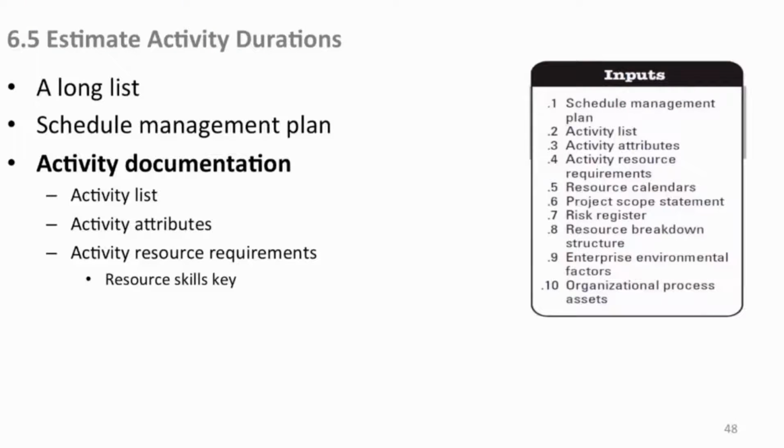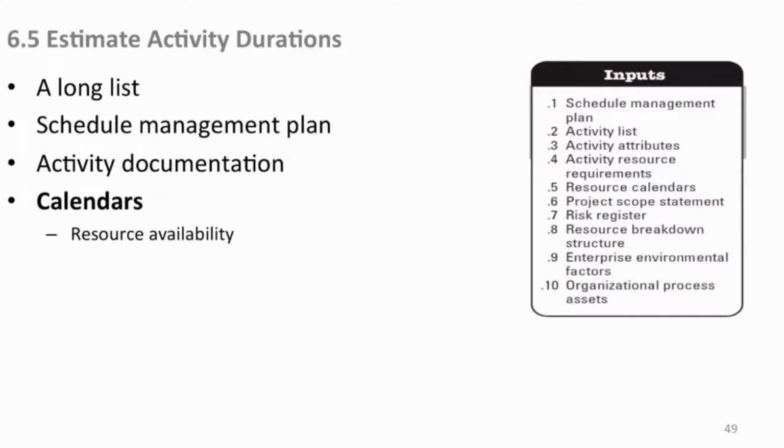Our activity documentation here is the main header, but it covers points 2, 3, and 4 over here in the input list. Actually, it's 6.5.1.2, as we just saw. The activity documentation lists the attributes and the resources that we have assigned, along with the skills needed for that resource. The calendars, resource availability, our project scope statement.